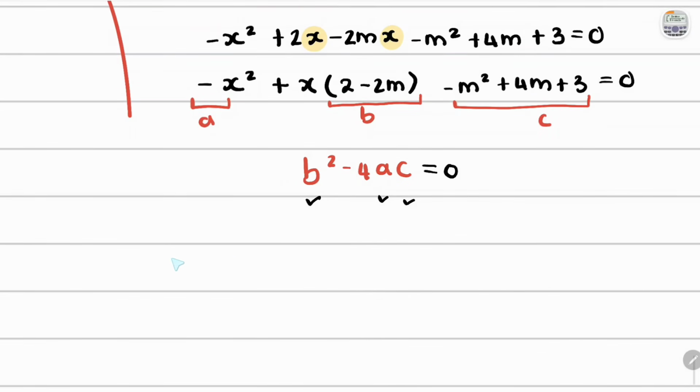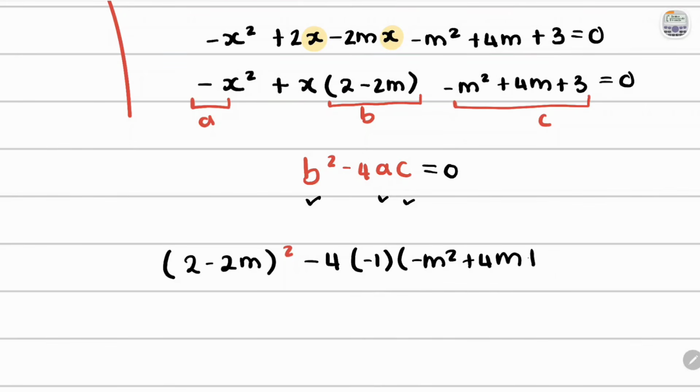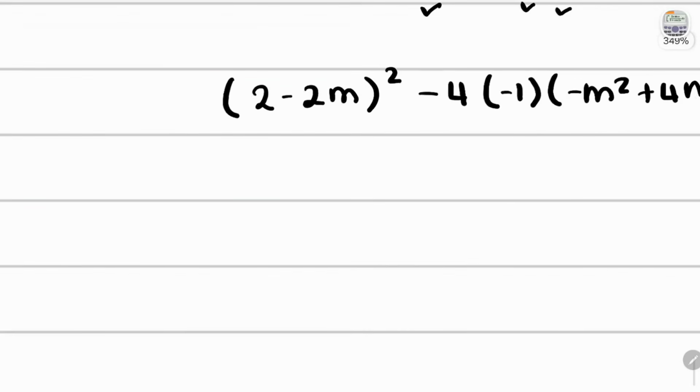So this is where b squared, which is 2 minus 2m, so 2 minus 2m, all squared should be, and then minus 4a, which is -1, and then c, which is -m squared plus 4m plus 3, is equal to 0. And now we can simplify this. So this is going to be 2 all squared, which is 4, -2m all squared, which is positive 4m squared.